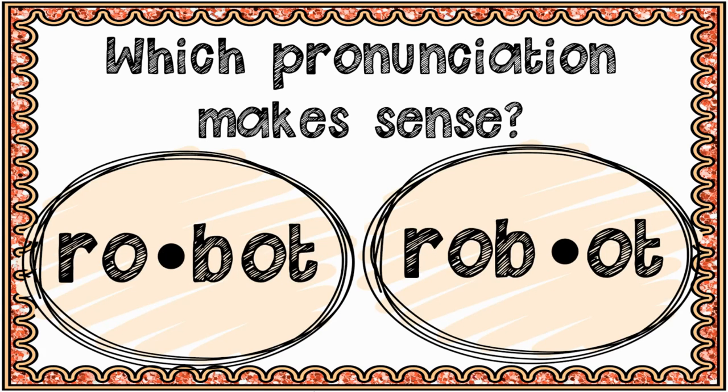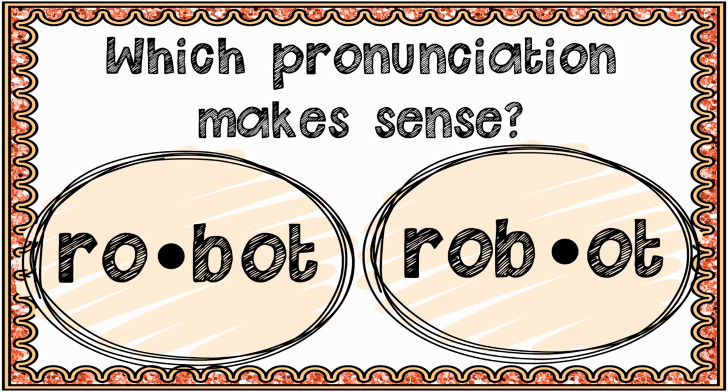How about this one? Figure out our two words, and then I'll tell you the sentence. All right, he talked slowly like a, what are our two choices? Robot or robot? Right, the first choice, robot.